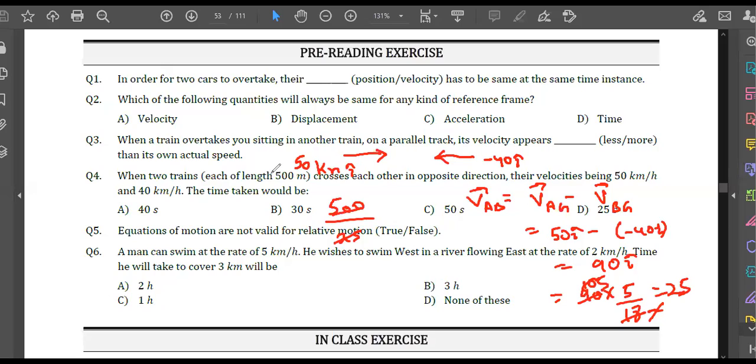Okay, yeah, each train has length, so 1000, sorry, my bad. Yeah, 40. Got it? Very good.